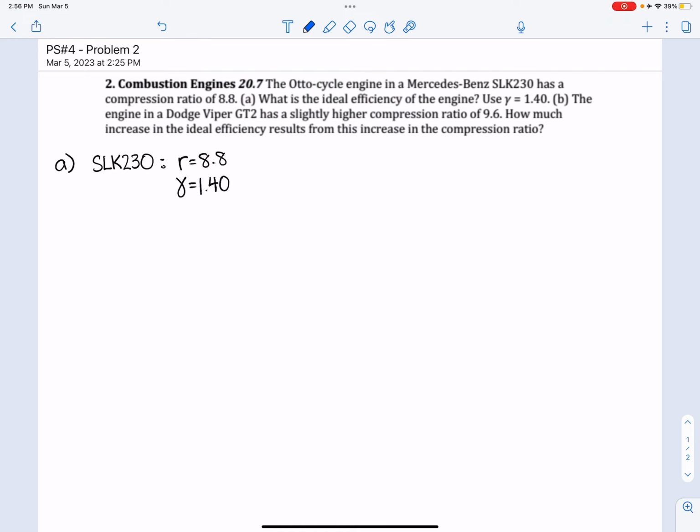In order to solve this problem, we should know the Otto cycle engine ideal efficiency formula, which I'll write here in the blue ink: E equals 1 minus the compression ratio to the power of 1 minus gamma, the ratio of molar heat capacity.